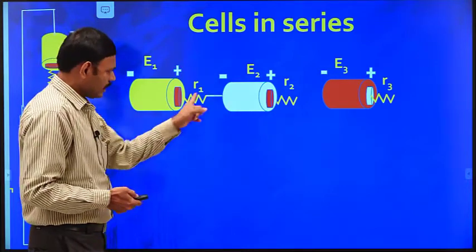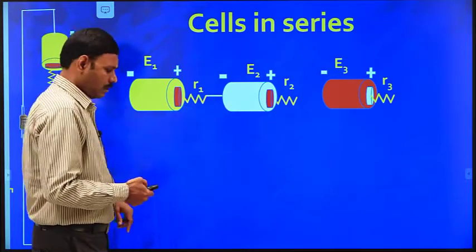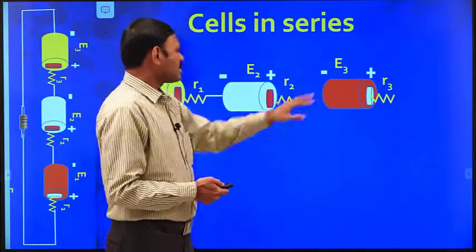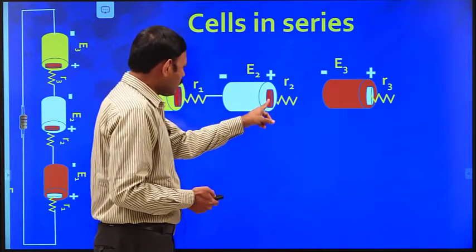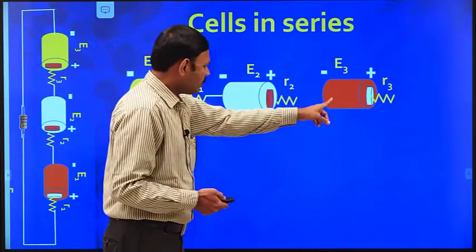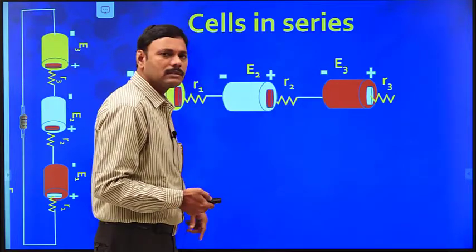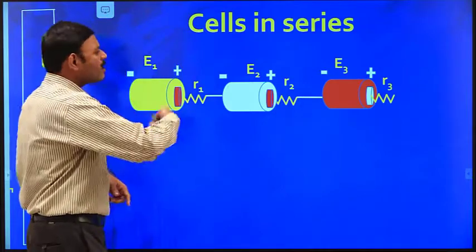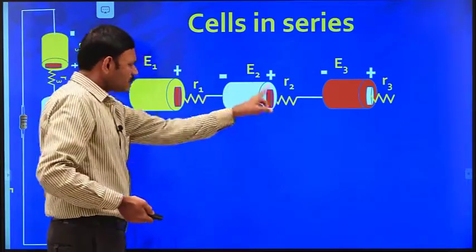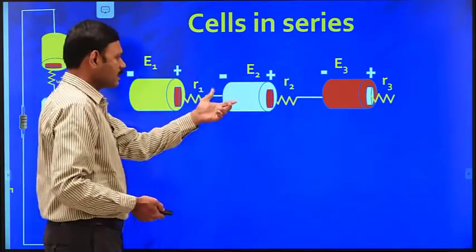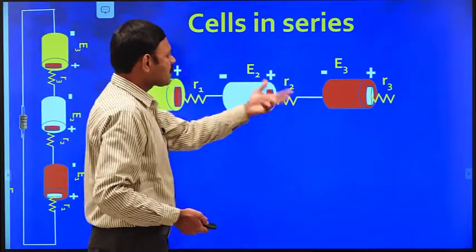So let us see this animation. And similarly, we continue the same situation. Positive terminal of the second cell is connected to negative terminal of the third cell. This is the connection. For any number of cells, you continue this procedure. It becomes a series combination of cells.